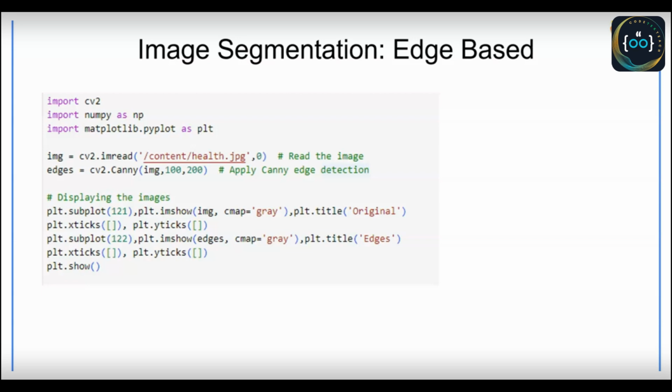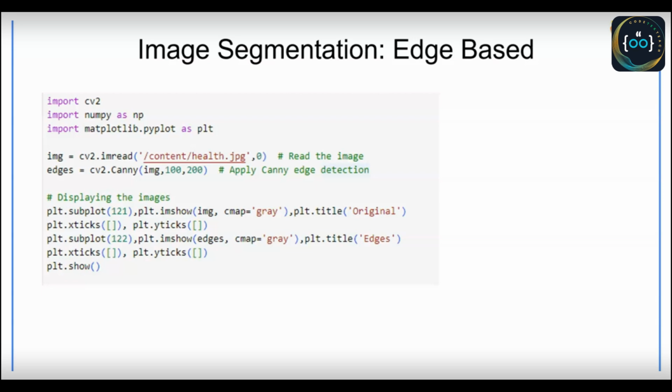We now apply the Canny edge detection algorithm to the image. 100 and 200 are the min-val and max-val respectively. Edges with intensity gradient more than max-val are sure to be edges, and those below min-val are sure to be non-edges. Hence they are discarded. Those that lie between the two thresholds are classified as edges or non-edges based on their connectivity.